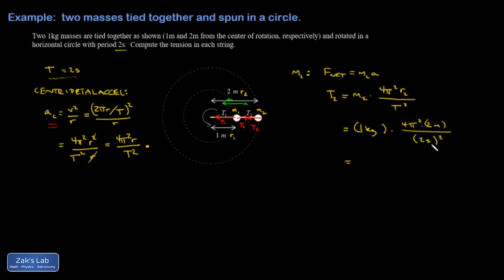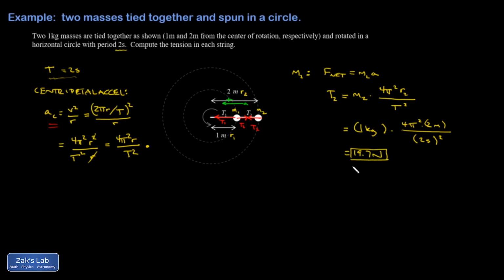That's meters per second squared, units of acceleration as it should be, multiplied by units of mass. That gives me units of force. So this looks good. When I smash these numbers, I get 19.7 newtons. So we found one.